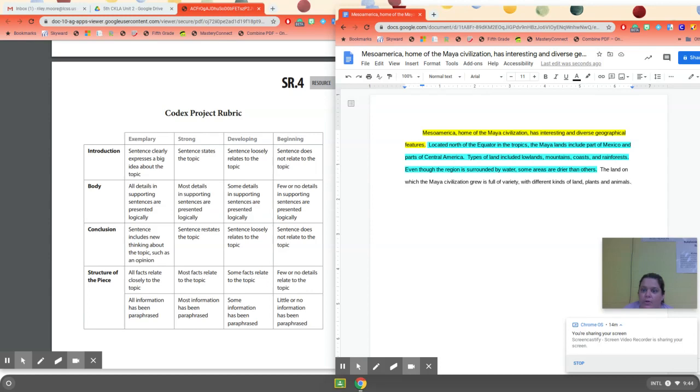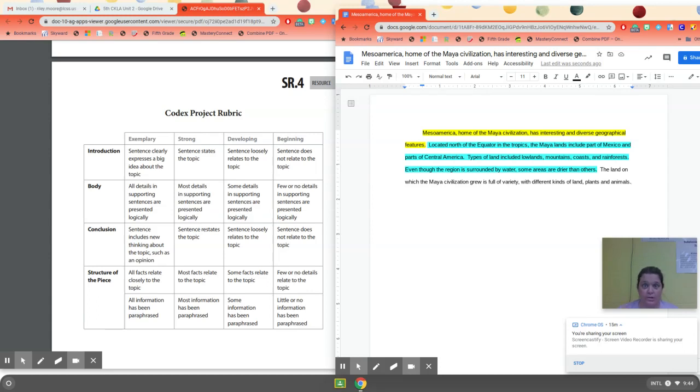Types of land include lowlands, mountains, coasts, and rainforests. Even though the region is surrounded by water, some areas are drier than others. Now, number one, is this laid out in a logical manner? Does it flow? Or is it choppy? That's what I'm looking at first.